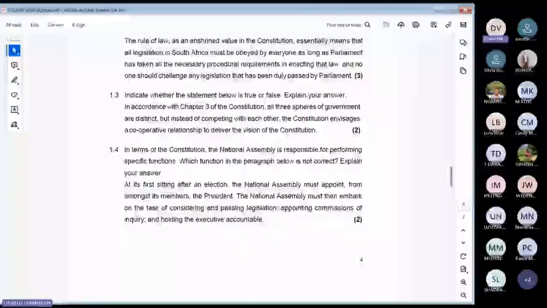In other words, what they're asking is, does the Constitution have a system in place that makes everyone work together to achieve the Constitution's vision? Does anyone want to take a stab at that and see if they think it's true or false? True. Sorry? It's true. Yes, it is true. Do you know why it's true by any chance?